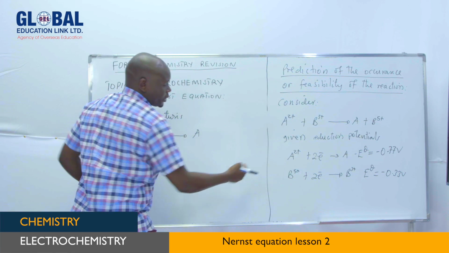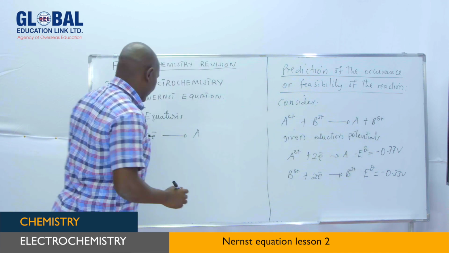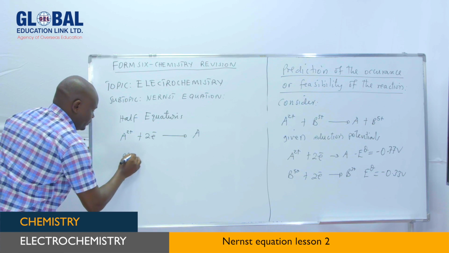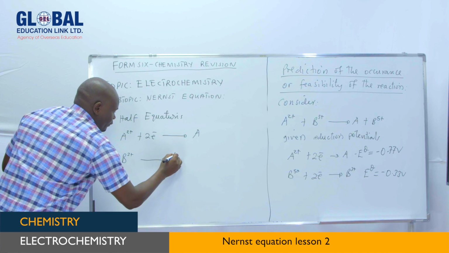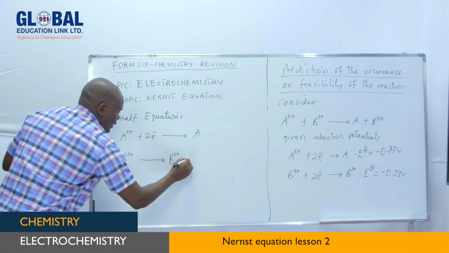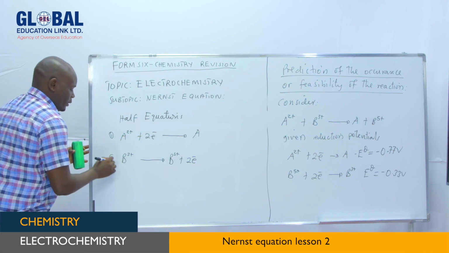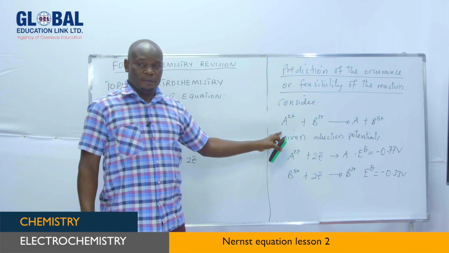The second half equation is B 3 positive leading to the formation of B 5 positive, plus 2 electrons. So these are the two half equations formulated from the given equation.